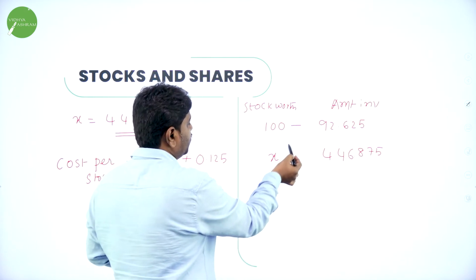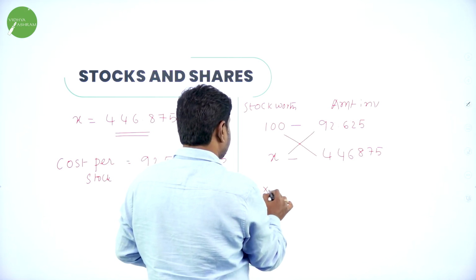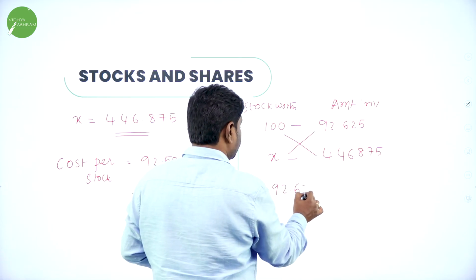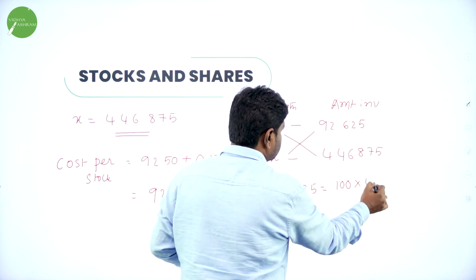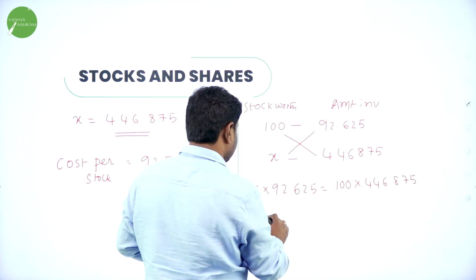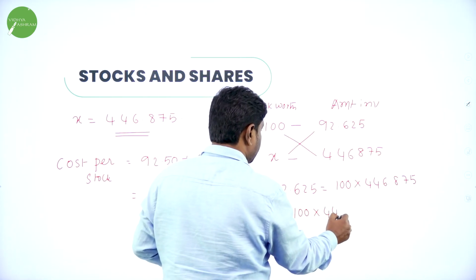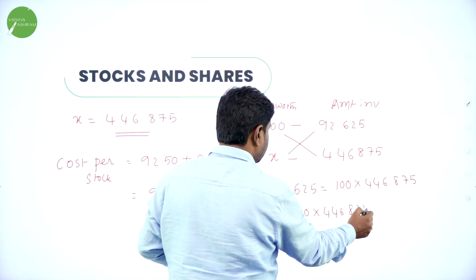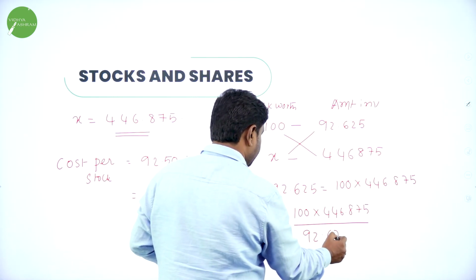Now cross multiply and equate it. So X into 92.625 is equal to 100 into 446.875. Now we need X. X will become 100 into 446.875 divided by 92.625.